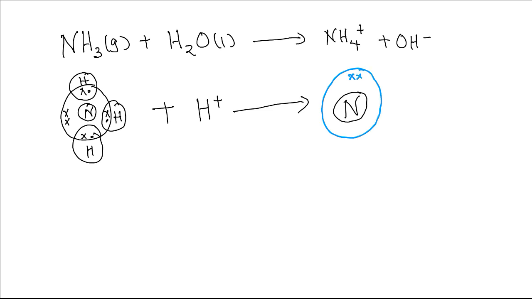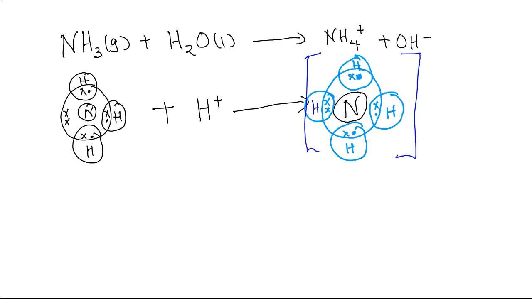That is the existing hydrogen, another existing hydrogen, another existing hydrogen. Then there is a lone pair, so the new hydrogen is accepted there. Then this is charged plus, and hydroxyl ion.